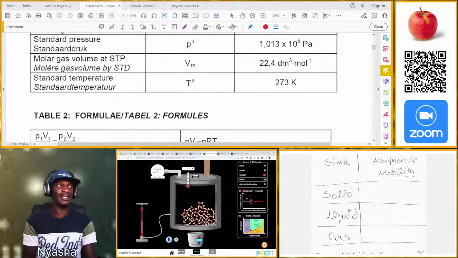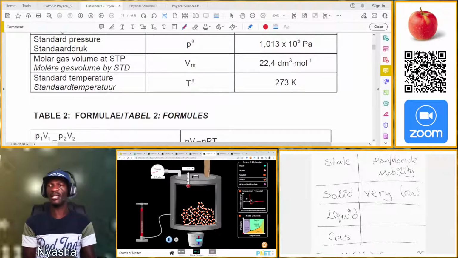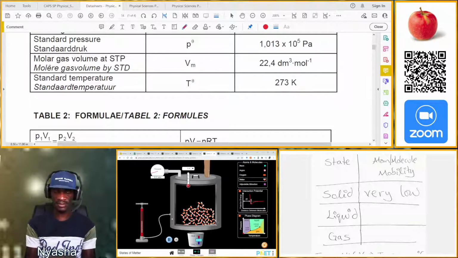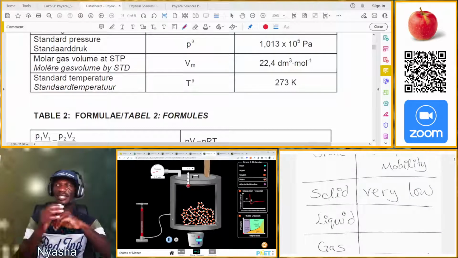So this is very close to reminiscent of the solid state for water. Very low mobility of the particles. It's in the solid state right now.